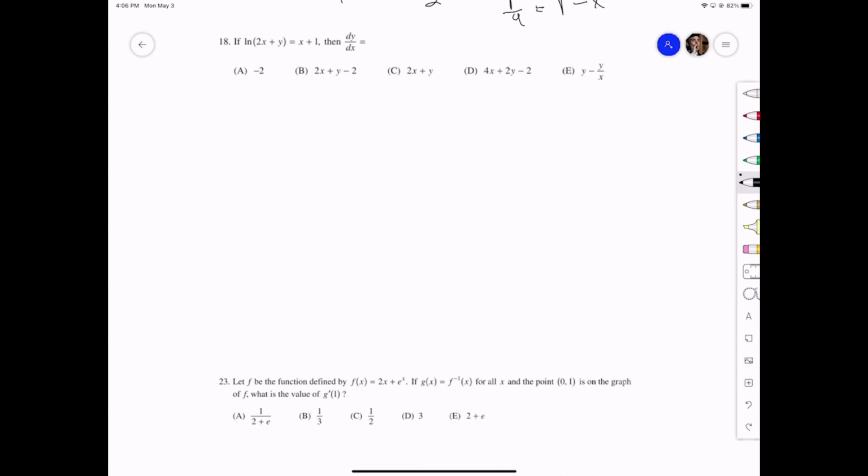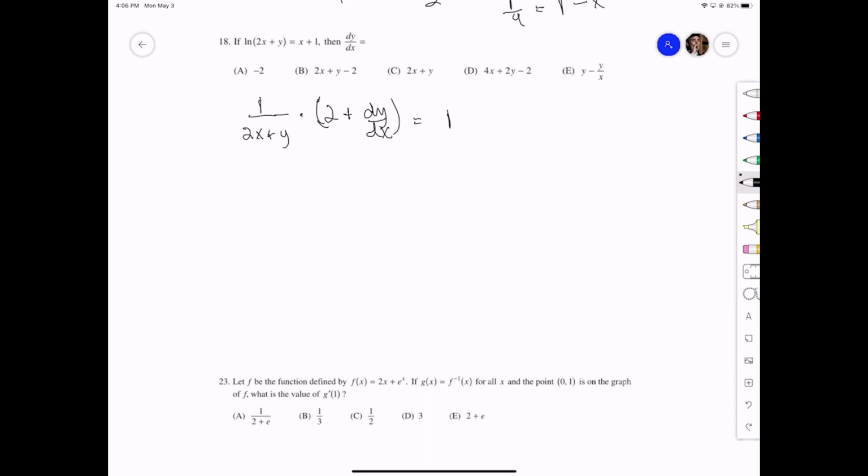Okay, so 1 over 2x plus y times 2 plus dy dx, because that's chain rule. So the derivative of ln is 1 over x, so it's 1 over that whole thing, but then you have to do the derivative of the inside, so that's why I did that.